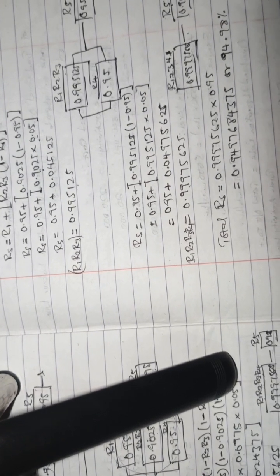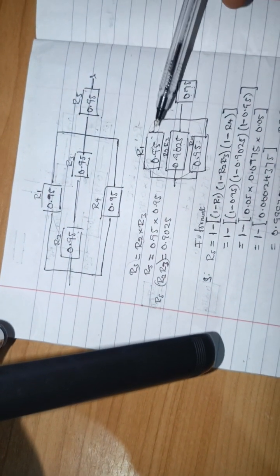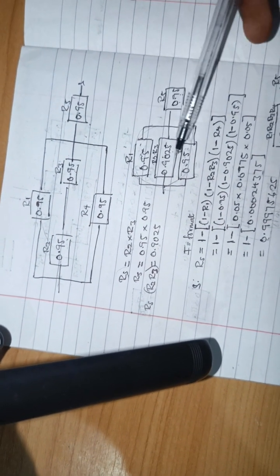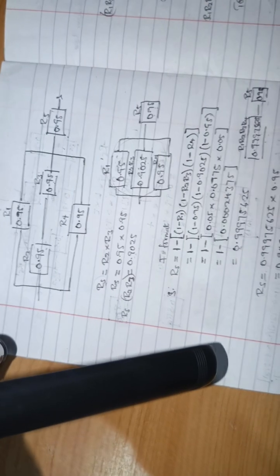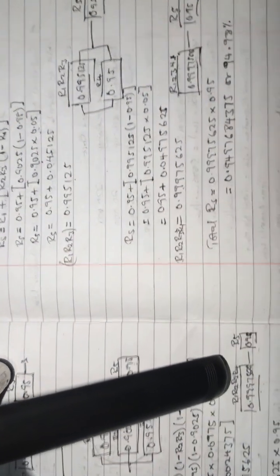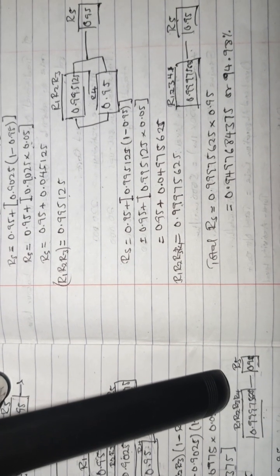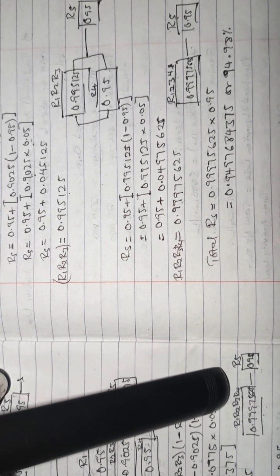So always make sure you simplify complex systems into smaller modes, then you solve them. You get it? So I think that's all for reliability, and you'll be able to solve most questions on your own from here. All right.